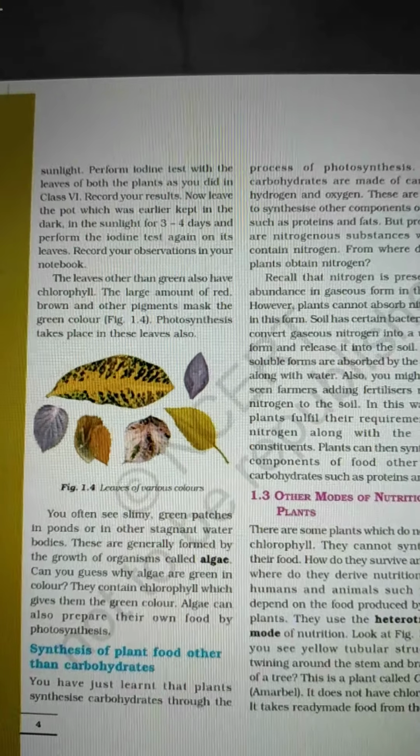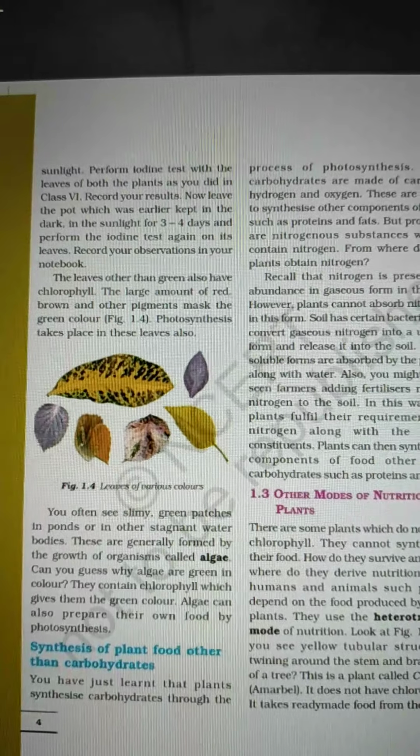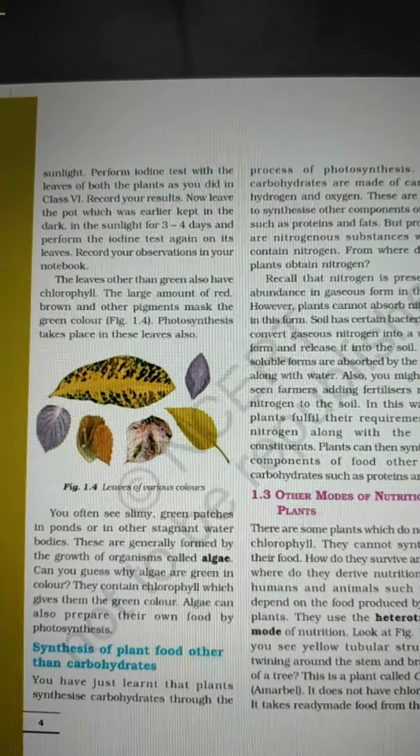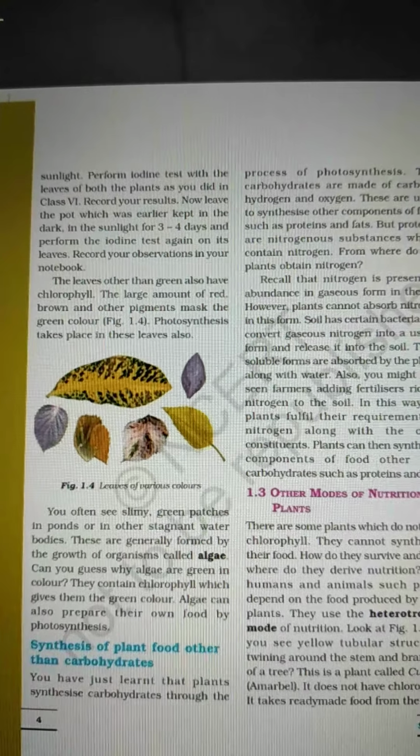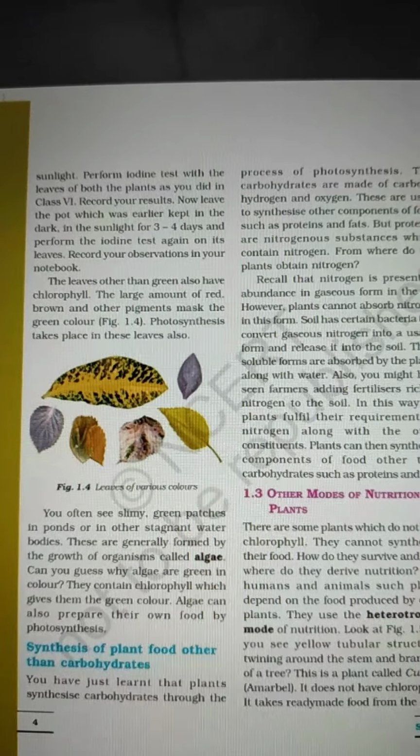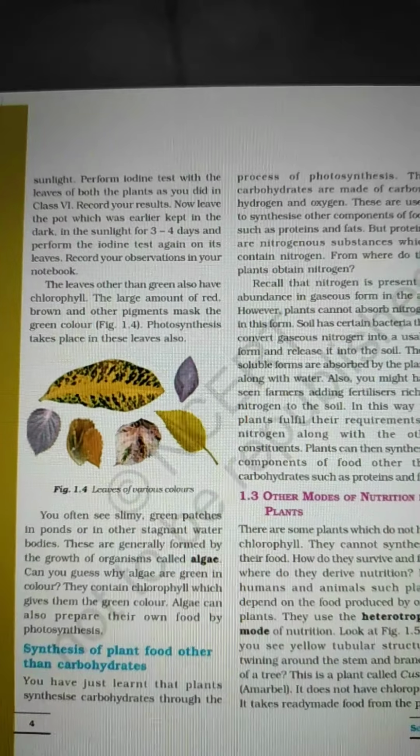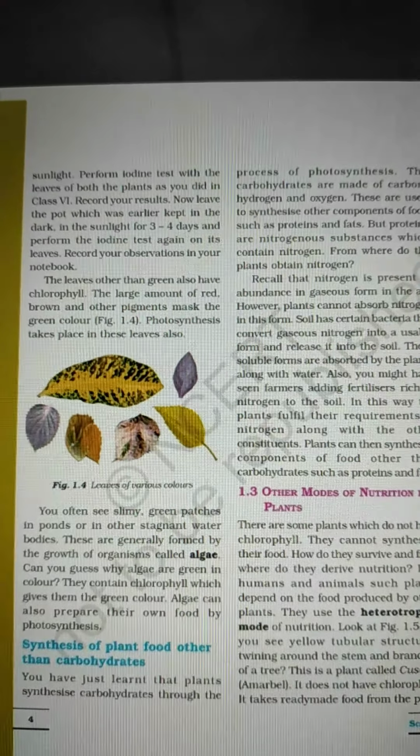The leaves other than green also have chlorophyll. The large amount of red, brown and other pigments mask the green color, as given in figure 1.14. Photosynthesis takes place in these leaves also.